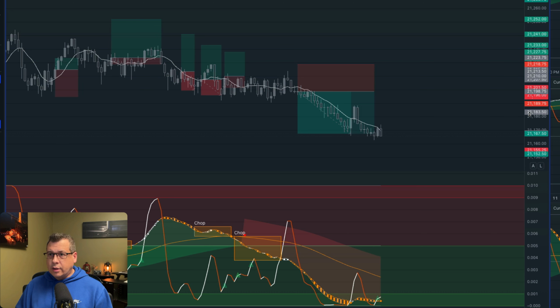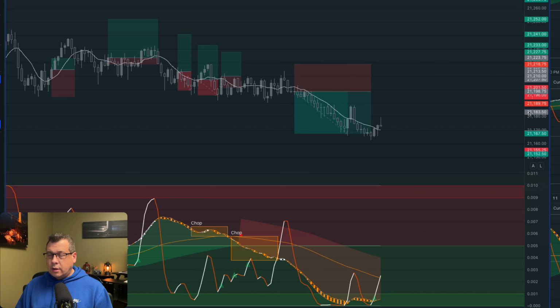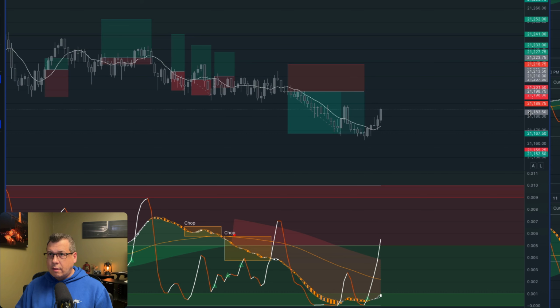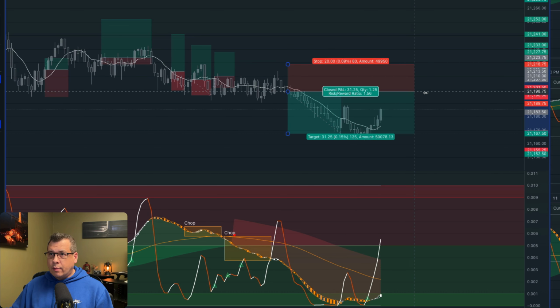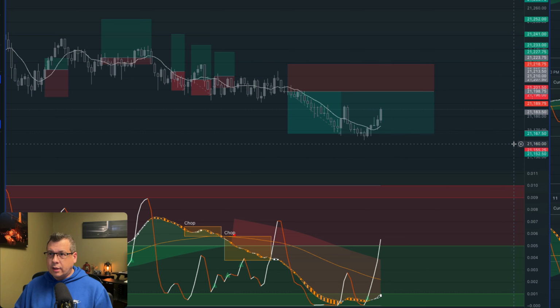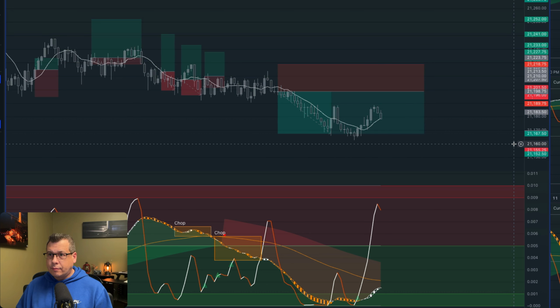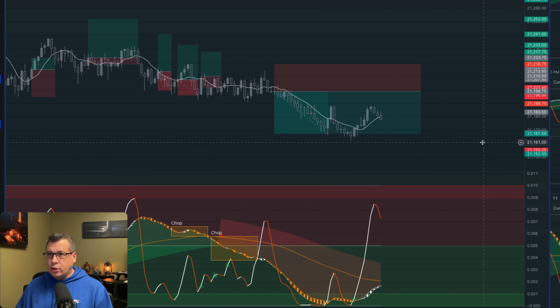And my exit strategy right now is going to be a long signal, which I don't have yet. And I'm going to pretend that I move my stop to break even. Getting a tick down from the red zone, so that is a short signal.